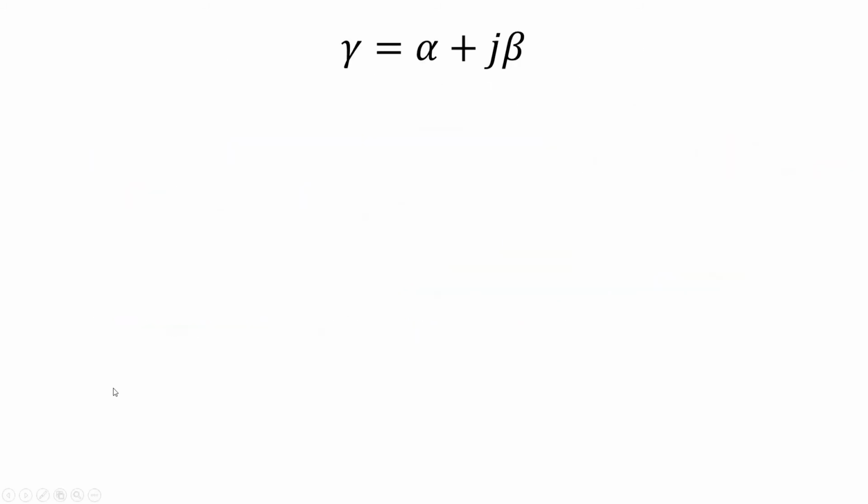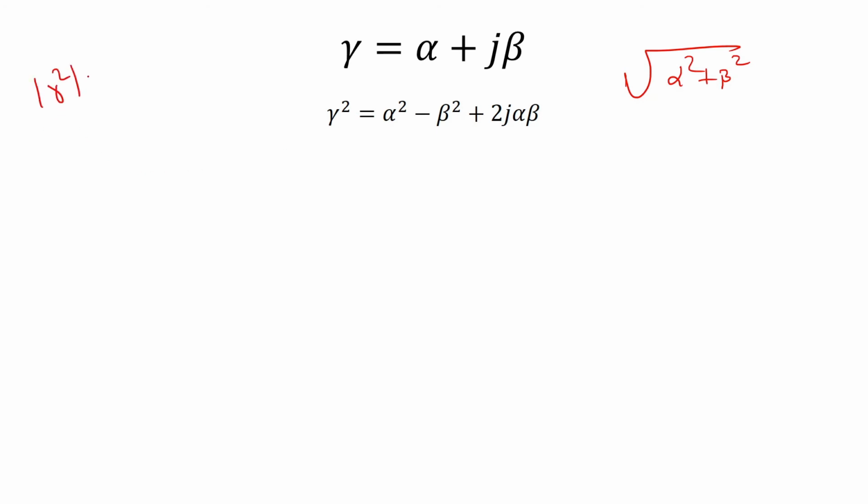If gamma is a complex number equal to alpha plus j beta, then the magnitude of gamma is root over alpha square plus beta square. If I square gamma, then I get gamma square equal to alpha square minus beta square plus 2j alpha beta. And if I determine the magnitude of this gamma square, it is equal to root of (alpha square minus beta square) whole square plus (2 alpha beta) whole square.